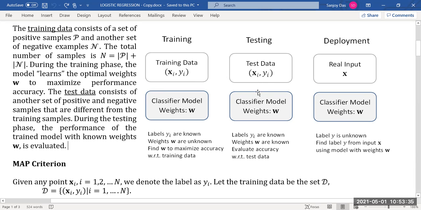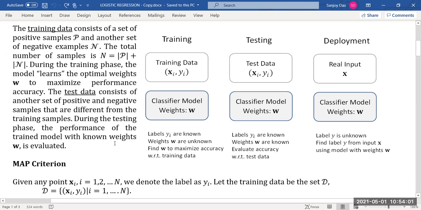Then we evaluate the performance using test data, and if it passes the test, meaning the performance metrics of the machine learning model or classifier model, as I've written here, are good enough, then it's ready for deployment. Given any x, the weight is now fixed, and we try to predict.